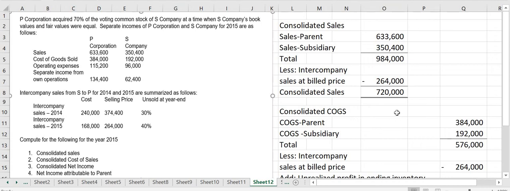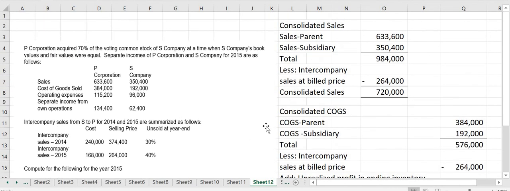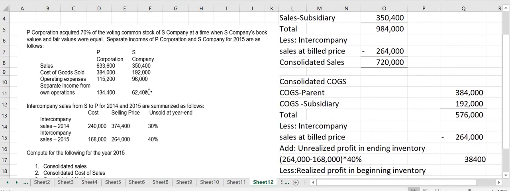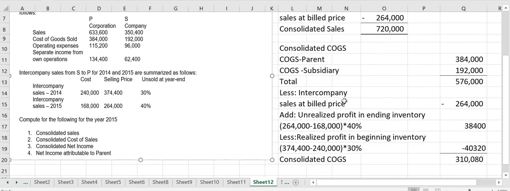Our consolidated cost of goods sold naman, we have here the cost of goods sold reported ni parent, 384,000. Also, cost of goods sold reported ni subsidiary amounting to 192,000. Then, deduct natin yung intercompany sales at billed price amounting to 264,000.